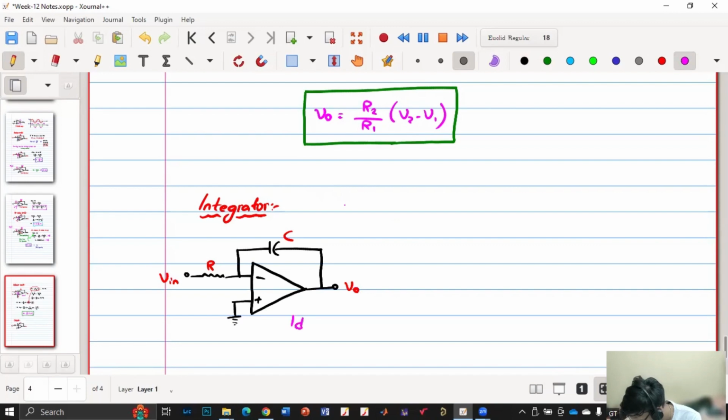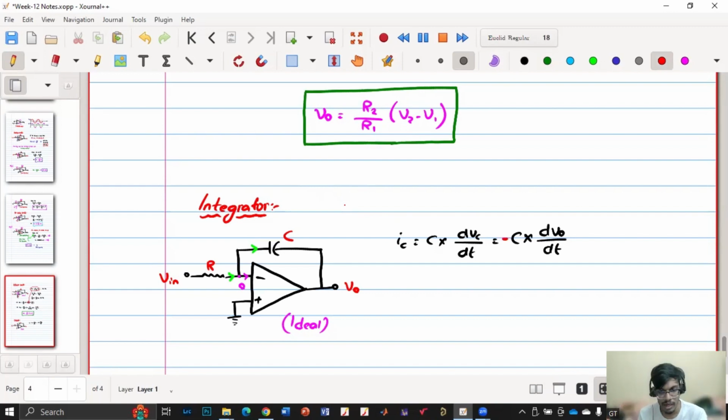Then I know that this terminal is grounded and this current is zero. So whatever current is flowing here will also flow here. The current IC flowing through the capacitor is C into dVc by dt, right? And what is the voltage across the capacitor? 0 minus V naught. So C times dV naught by dt with a minus sign. And what is IC?